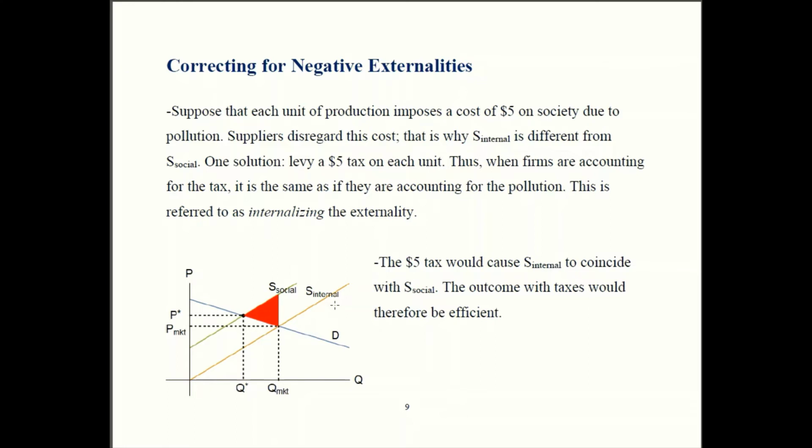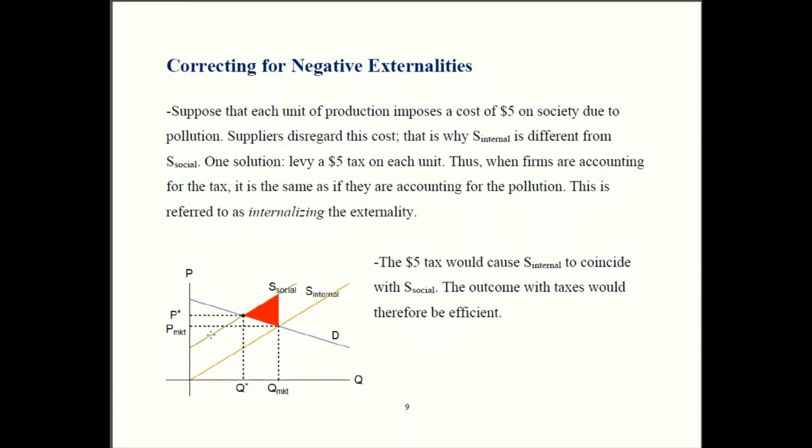So the firm's internal supply curve is different from society's supply curve because the firm doesn't care about that pollution that's harming society. It doesn't care about that $5 harm it's creating every time it produces a good. So what they could do is then tax the firm at a rate of $5 per unit.